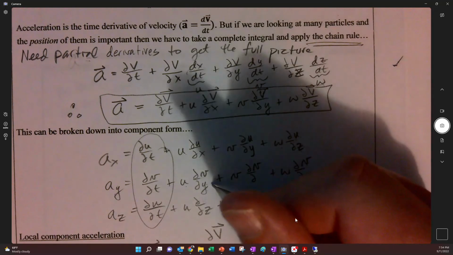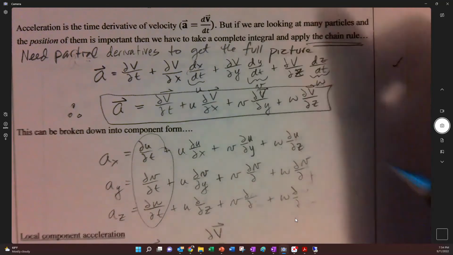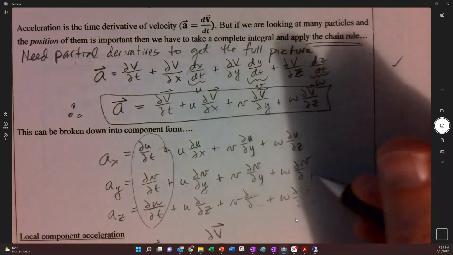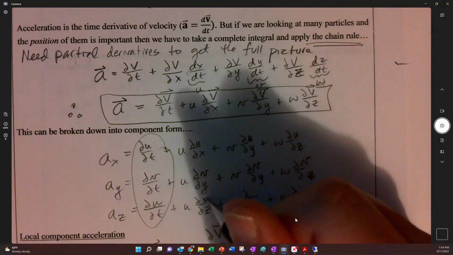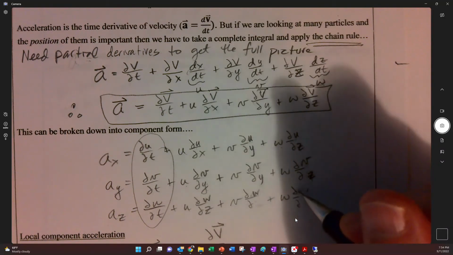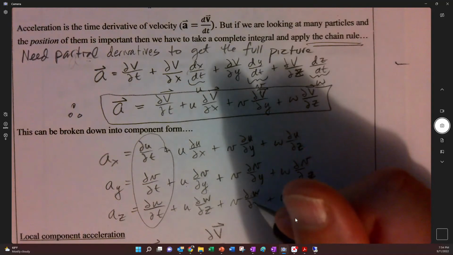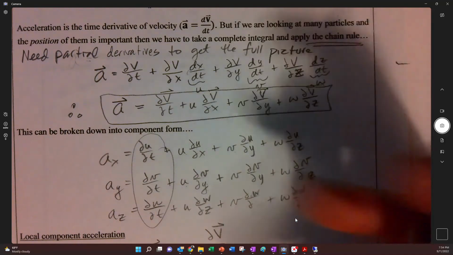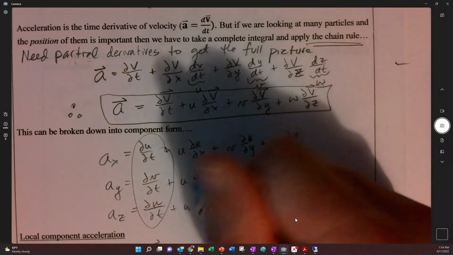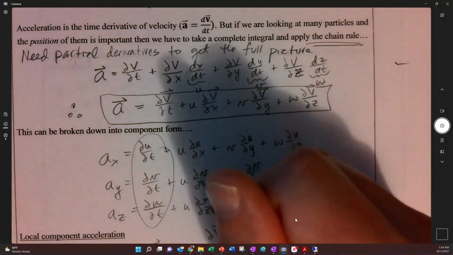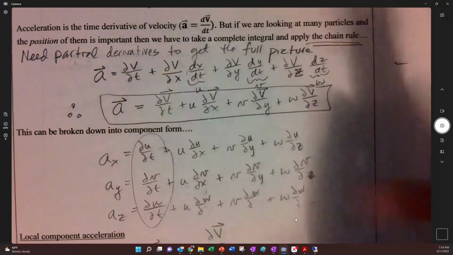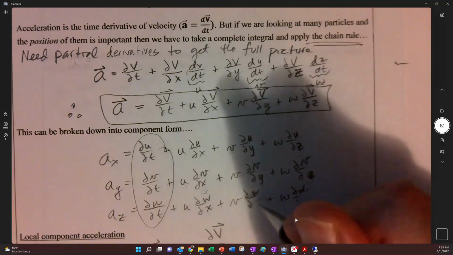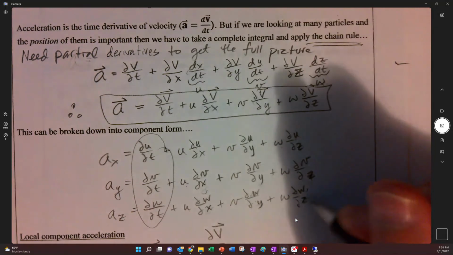And this should be Y and Z. Okay, and then this should be W, W, W, and that should be X, and this should be X, that should be Y, and that should be Z.